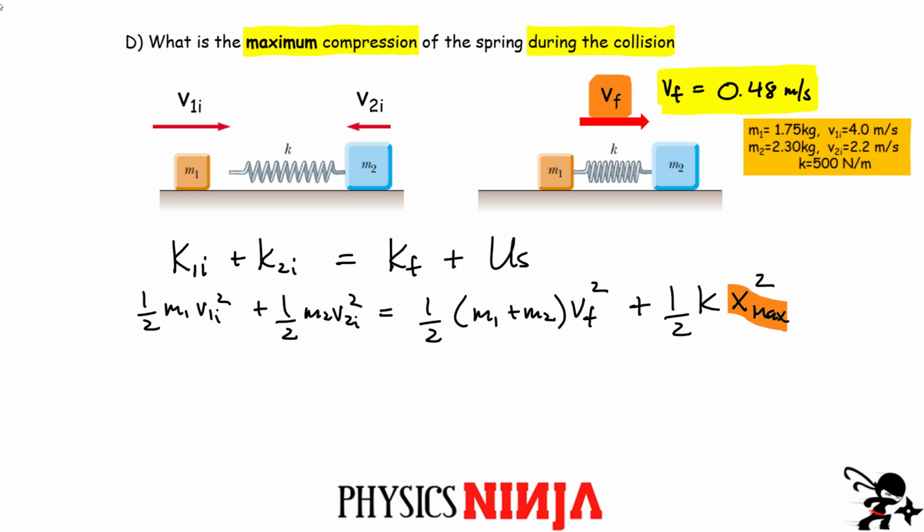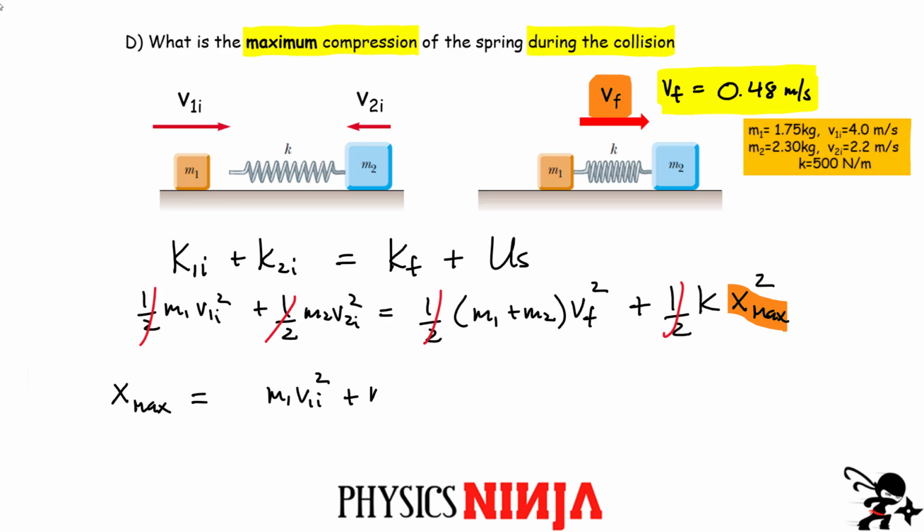So let's go ahead and just do a little bit of algebra again. Same thing as what we previously did. Get rid of those 1/2 factors. All we want to do is solve for x. So we do a little bit more algebra. And let me just go ahead and write it. X max should look something like this. There's going to be a big square root, but I'll put that one at the end. Squared.